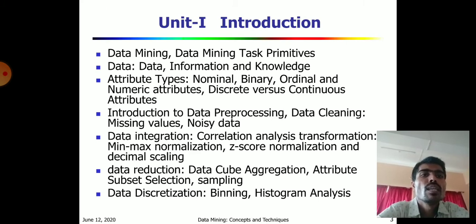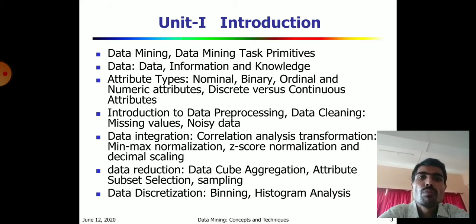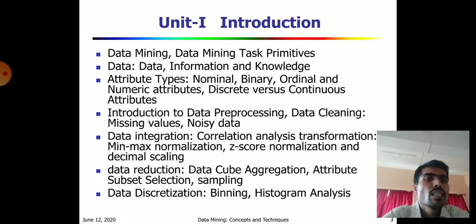Unit number 1 is introduction, and in that introductory part we have to see some subtopics, that is data mining task primitives, data, information and knowledge, attribute types, nominal, binary and ordinal and numeric attributes, discrete versus continuous attributes, introduction to data processing, data cleaning, missing values, noisy data, data integration, correlation analysis, transformation, min-max normalization, Z-score normalization and decimal scaling, data reduction, data cube aggregation, attribute subset selection, sampling, data discretization, binning, histogram analysis.